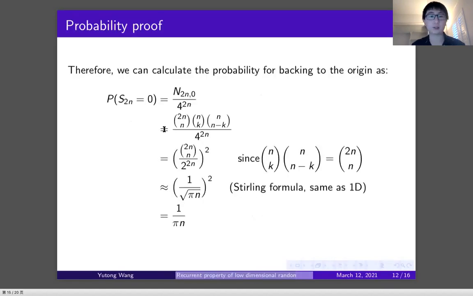Then we know the probability for each number of paths. We can write it in this form, and you should know this binomial coefficient is equal to 2n choose n, like this form. And using the Stirling formula, we get an approximation for this, for the p. After simplifying, we get 1 over pi times n.